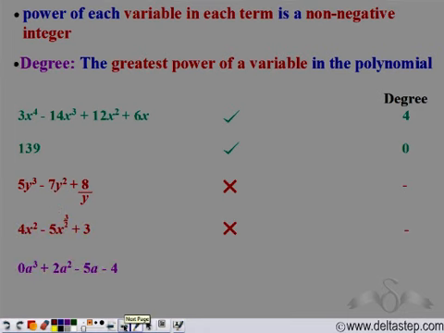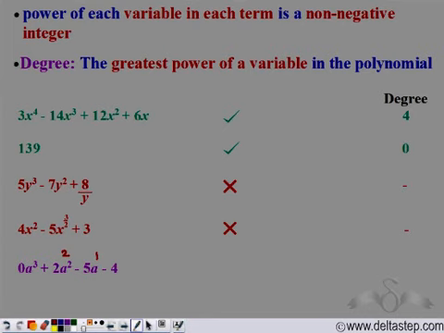Let us look at this expression. 0 into a cube plus 2a square minus 5a minus 4. Now what does 0 into a cube mean? 0 into anything is 0. So we can simply forget this term. We only consider the other terms. So 2 into a to the power 2. Power of the variable here is 2. Power of the variable here is 1.